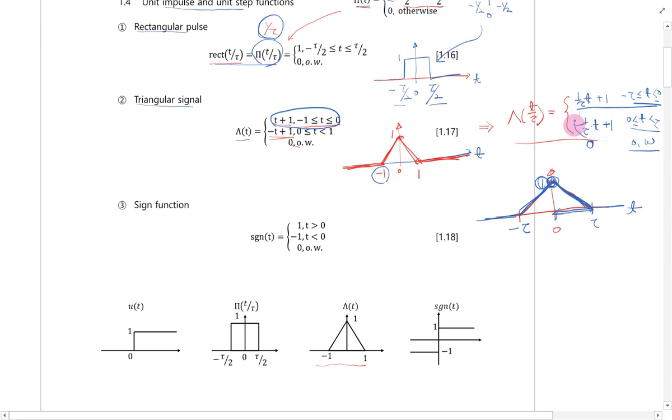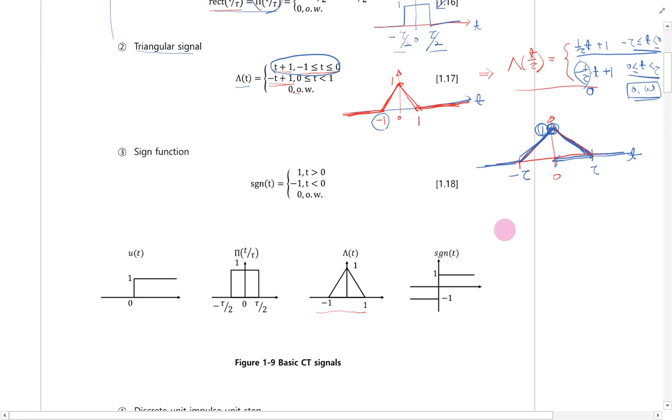This is the slope, this is the intercept, and this shows the domain range. Otherwise all values are 0. So we studied two pulse shapes: the rectangular and the triangular.